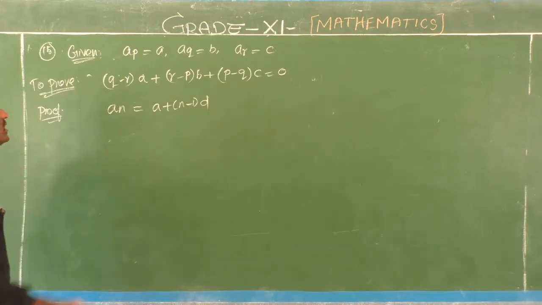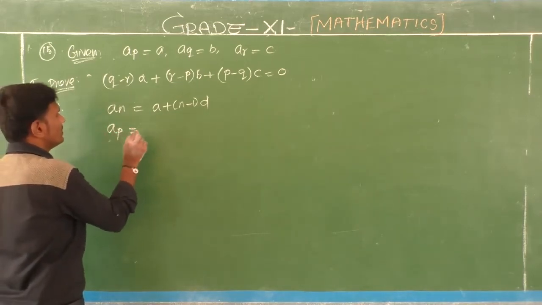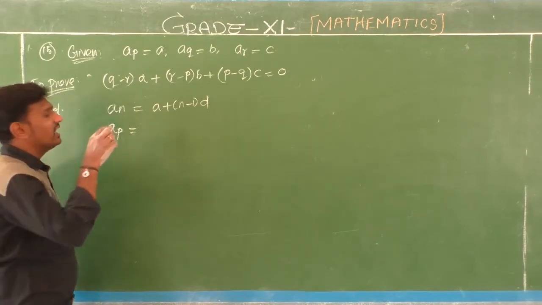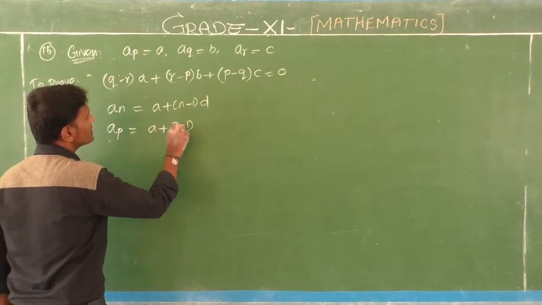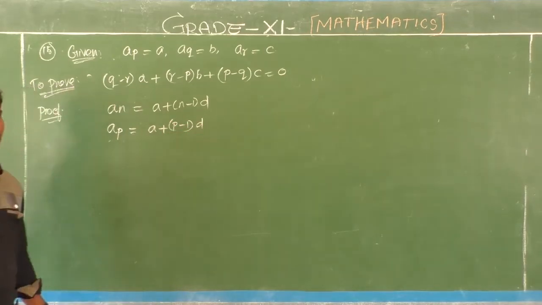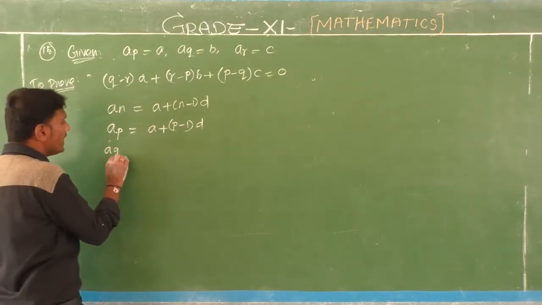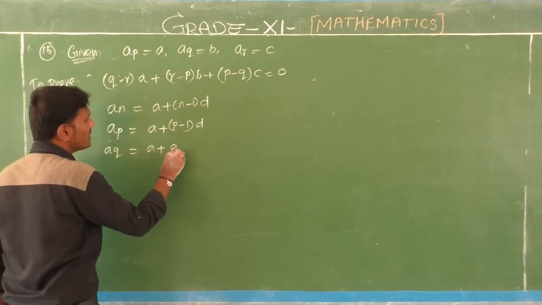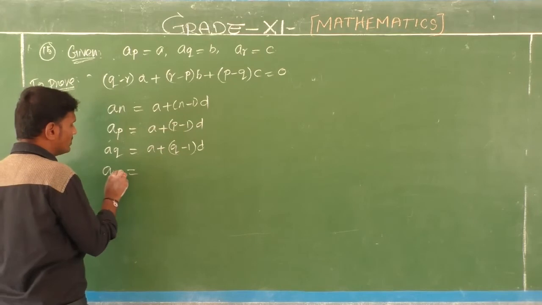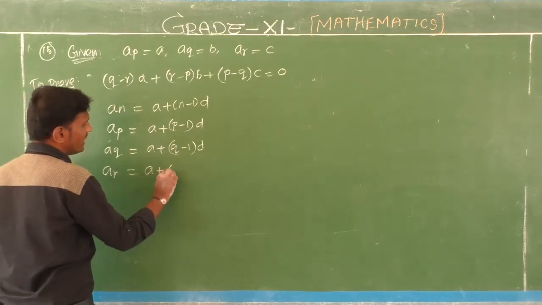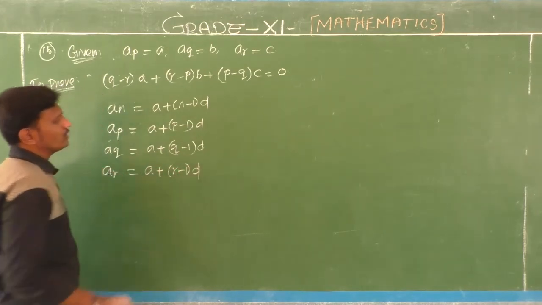The pth term is a plus (p minus 1) into d. Then the qth term aq is equal to a plus (q minus 1) into d. Finally the rth term ar is equal to a plus (r minus 1) into d.